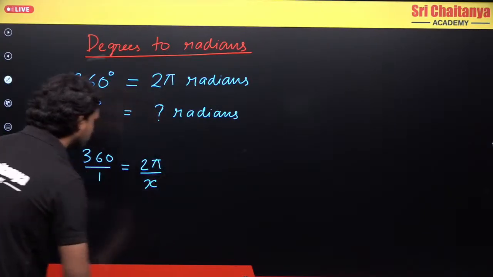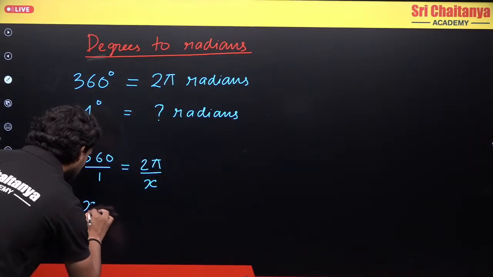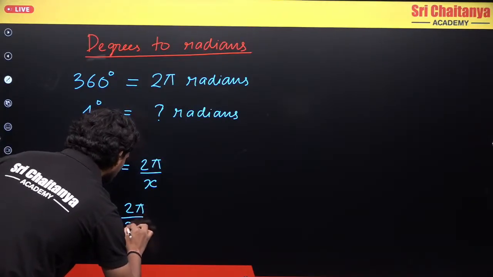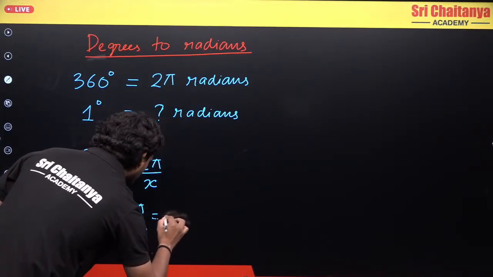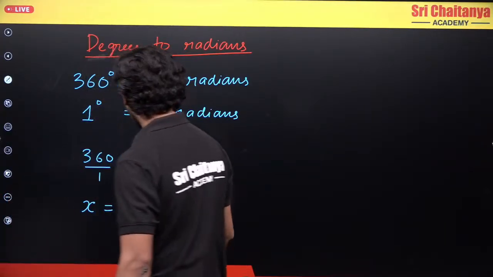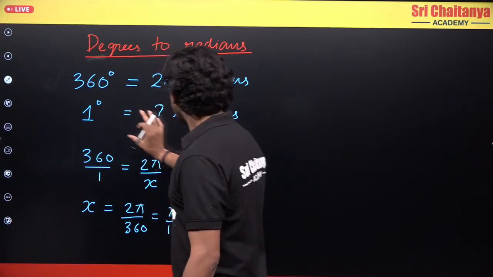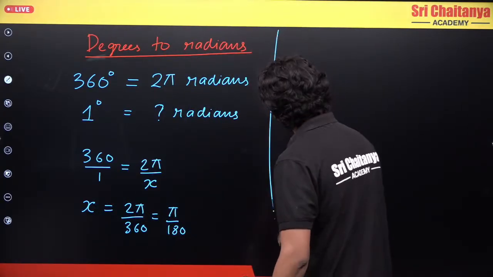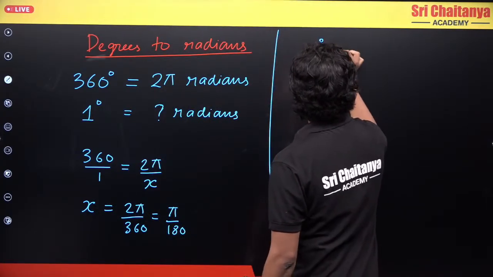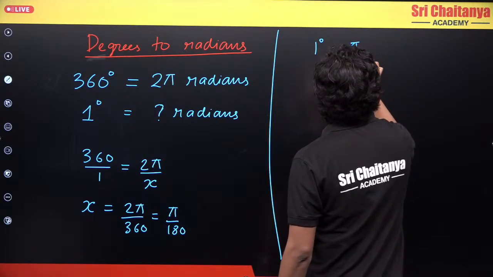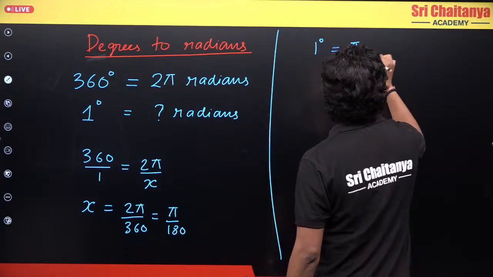So x is equal to 2 pi upon 360, which will be pi by 180. So 1 degree is equal to pi by 180 radians.